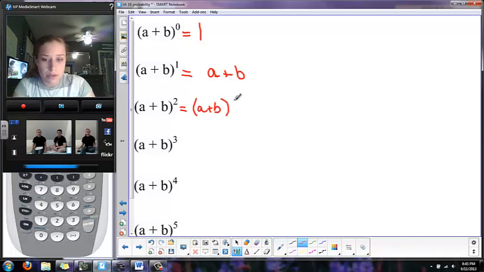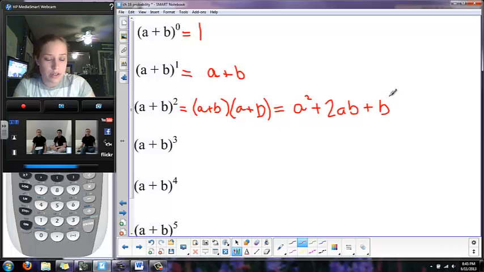A plus b multiplied out 2 times gives a squared plus a times b plus another a times b, which is 2ab, and then the last term is b squared.